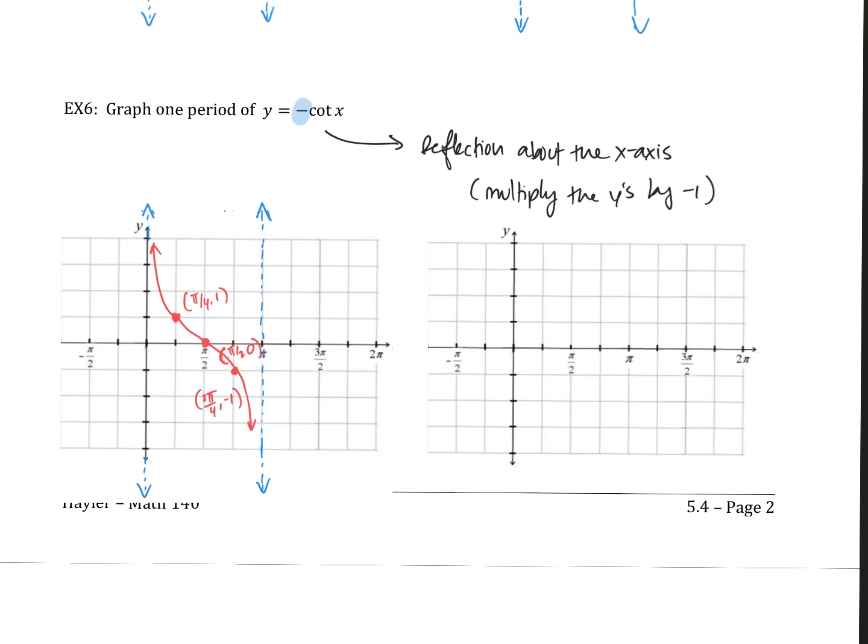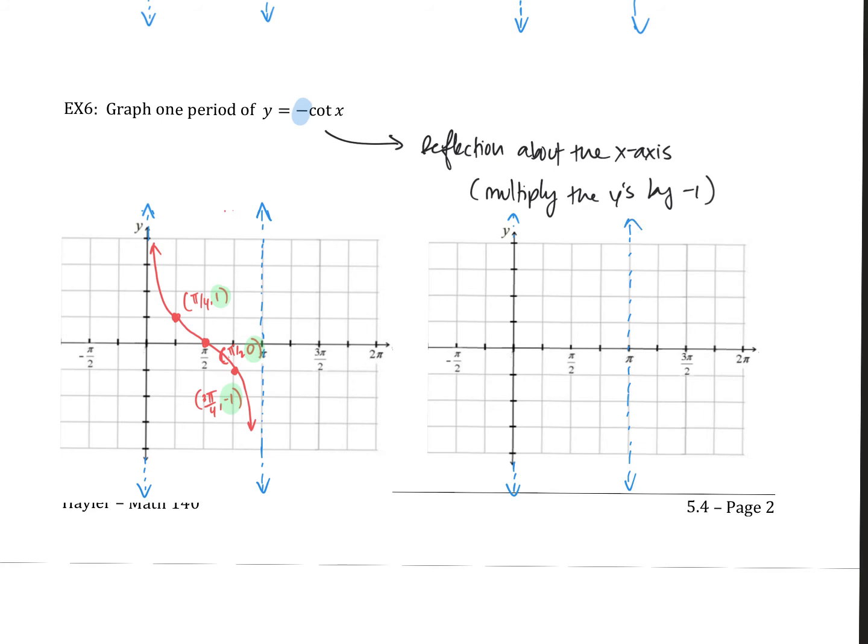Alright, so multiplying the y values by negative 1. Let's take a look at the y values. We have 1, 0, and negative 1. Well, nothing happens to our asymptotes, so let me go ahead and draw those in again. Okay, nothing happened to our asymptotes.